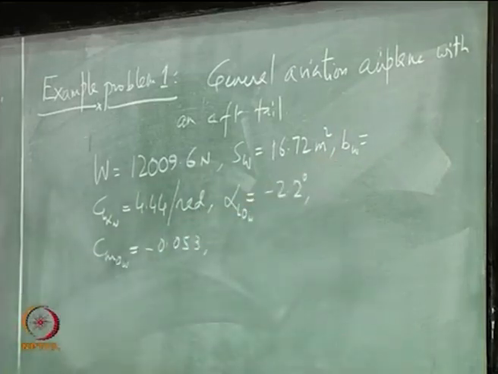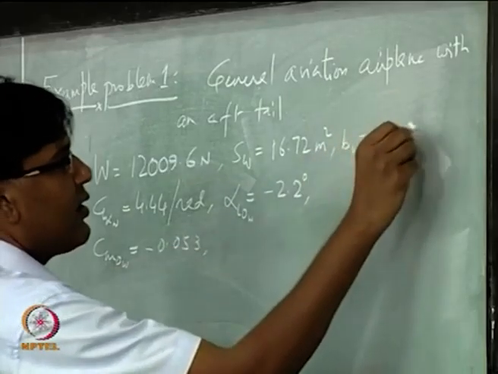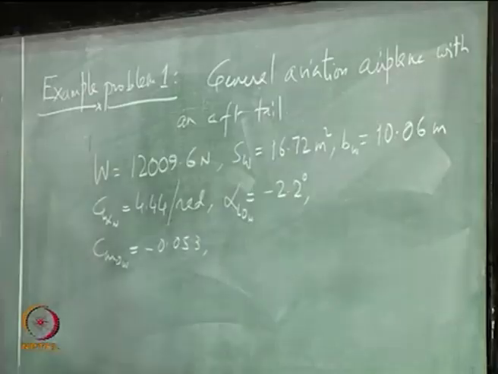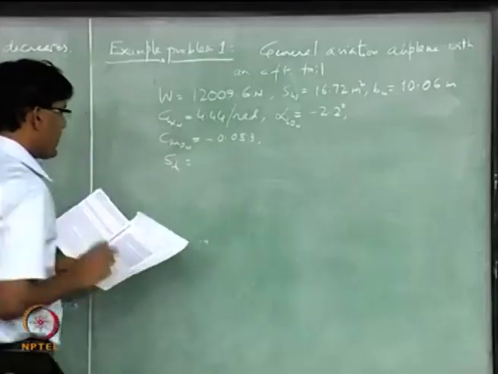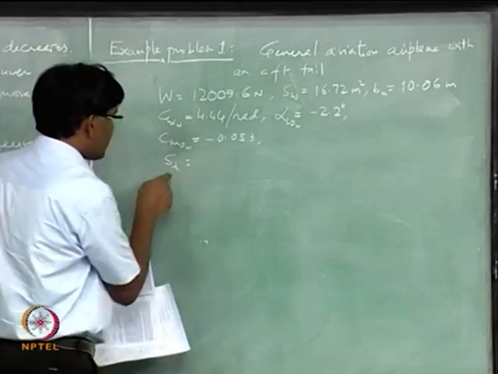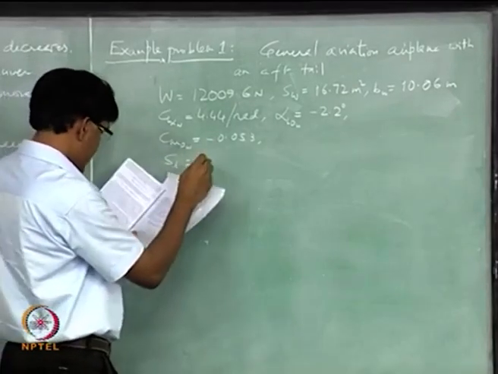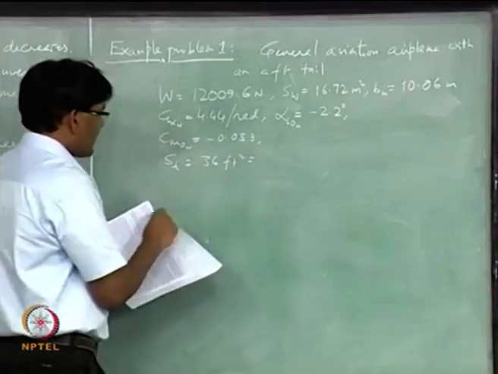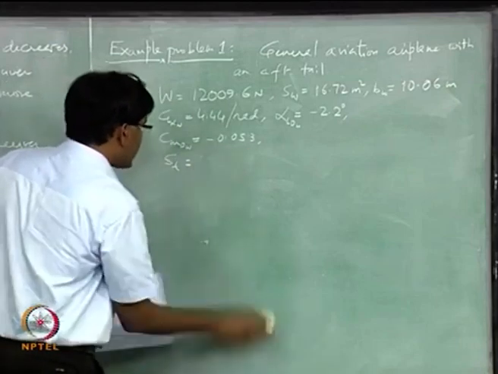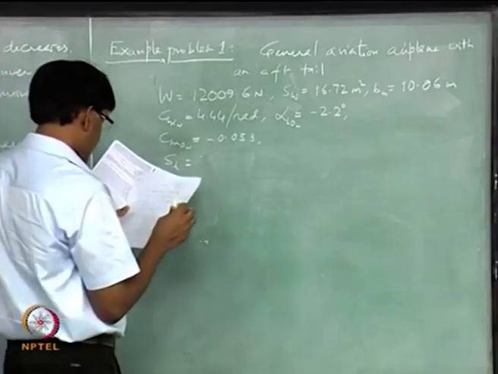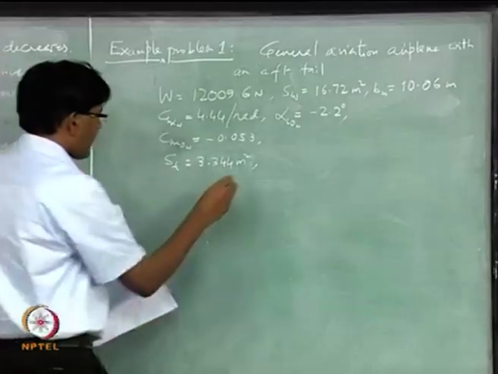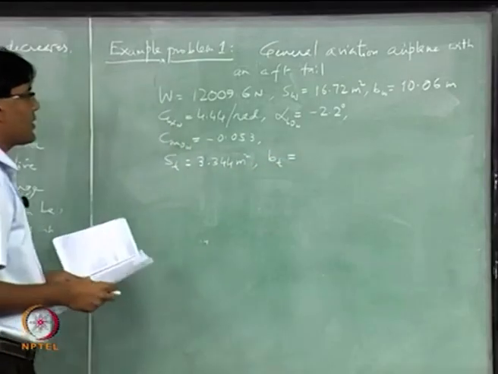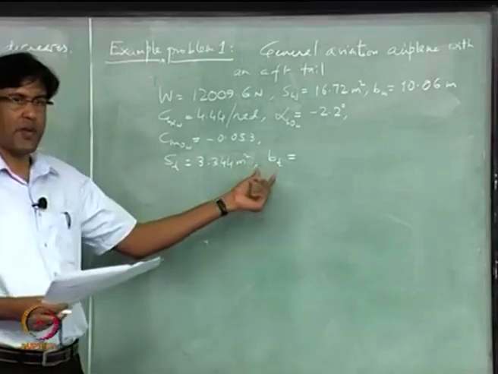Wingspan, horizontal tail area. So, it is given in feet square, trying to convert to SI units. Span of the horizontal tail.